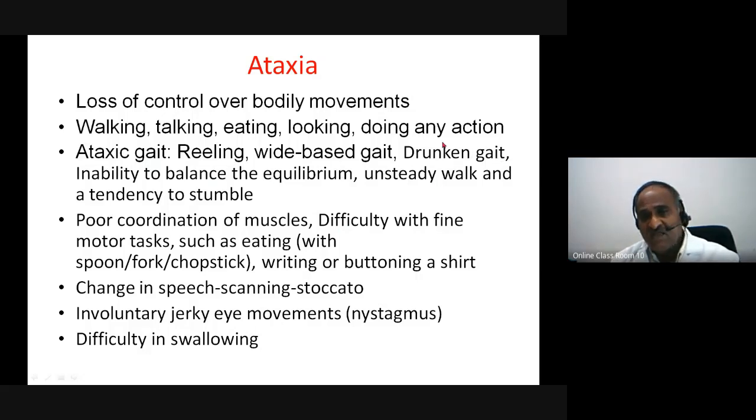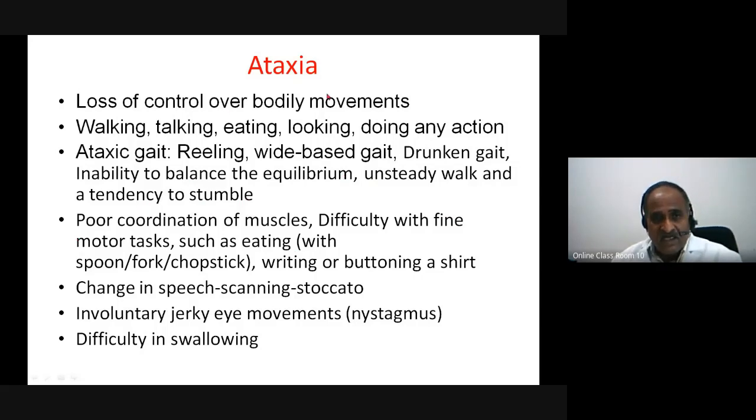And it's not as simple as that. He is not able to balance. Suppose you are examining a cerebellar patient, you have to be supportive. He may fall down anytime and get himself injured. So he has a great inability to maintain balance and equilibrium. His walk is not steady, and he may stumble and fall down.